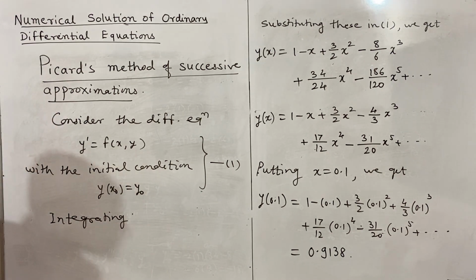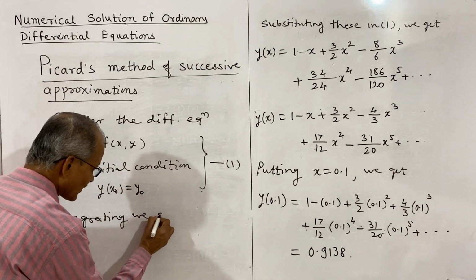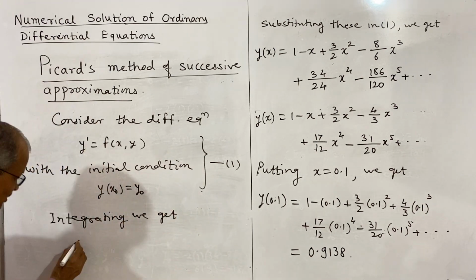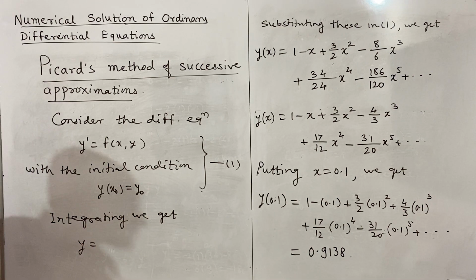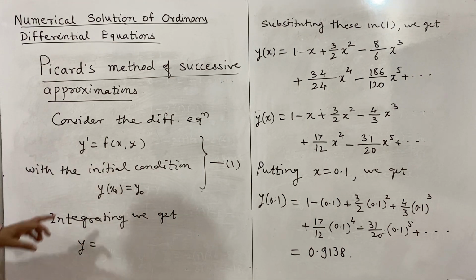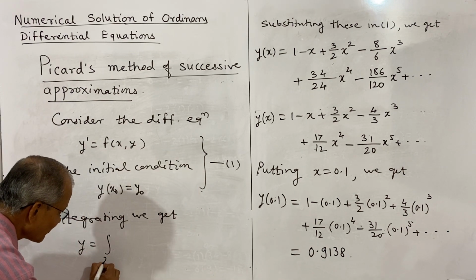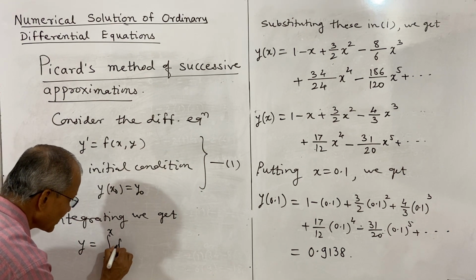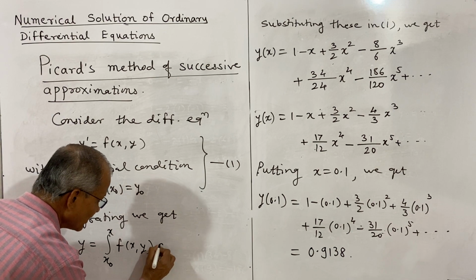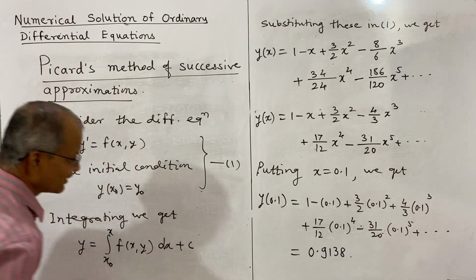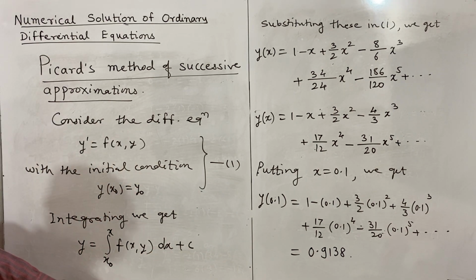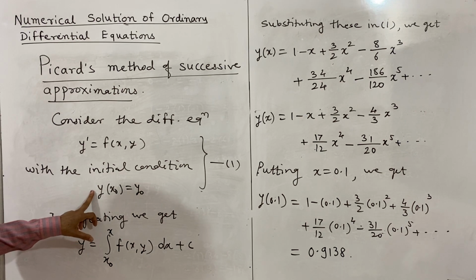Integrating in the interval x naught to x, we get, see, integration of y dash is y, since integration is the antiderivative. On the right side we integrate from x naught to x the function f of x comma y into dx, plus a constant of integration c, and this constant is determined using the initial condition.